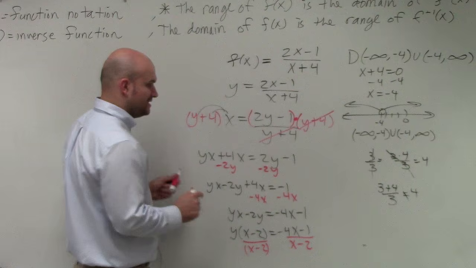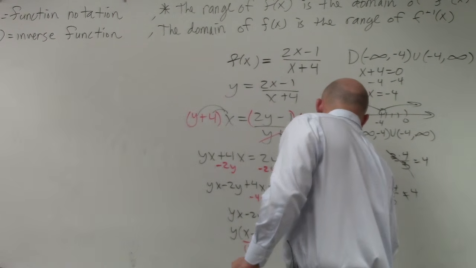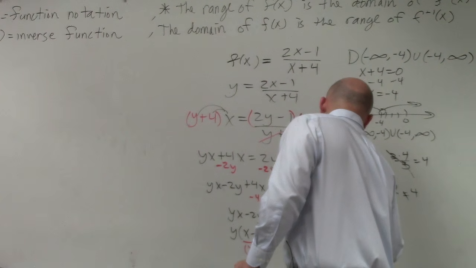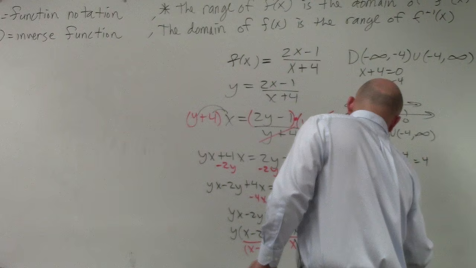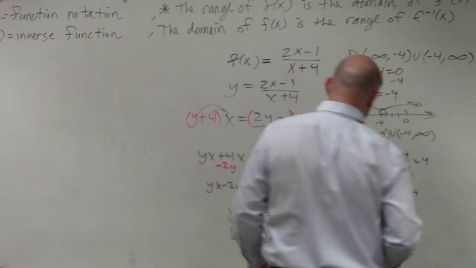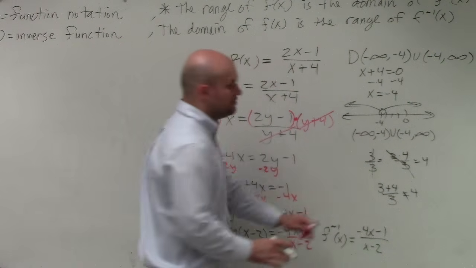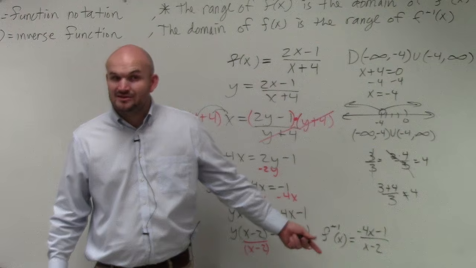So if you guys look at this, my inverse function, f inverse of x, is equal to negative 4x minus 1 all over x minus 2. What is the domain of that function? All numbers except for x cannot equal 2.